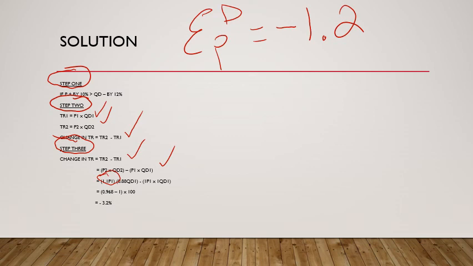Well, it's 12% less than QD1, right? So, we phrase QD2 in the following way. QD2 is 0.88 QD1. In other words, it's 12% smaller than QD1. All right, that's this part here.